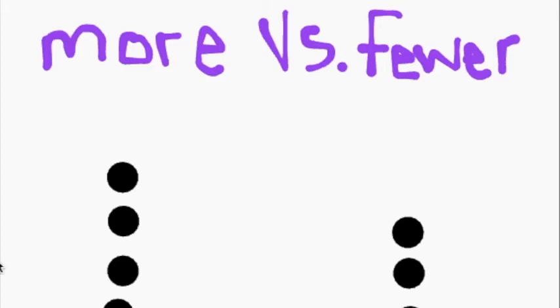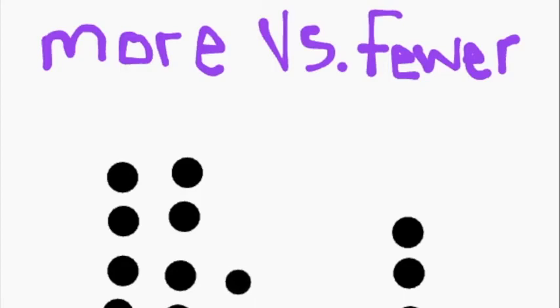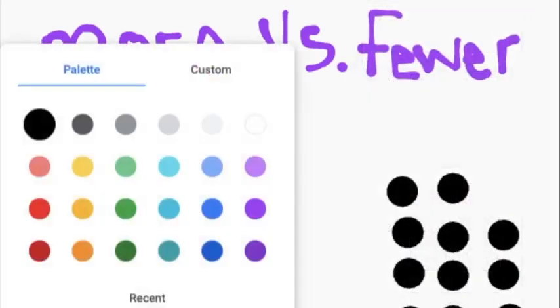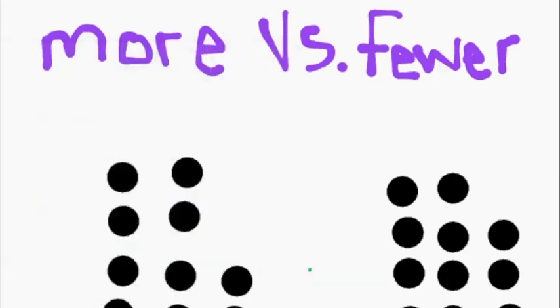So let's change this to some teen numbers. Which one has more and which one has fewer? Let's circle the one that has more. So how can we tell which one has more? We can count it. We can go 1, 2, 3, 4, 5, 6, 7, 8, 9, 10, 11, 12, 13.